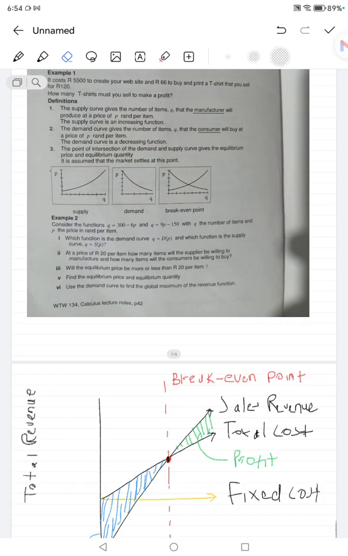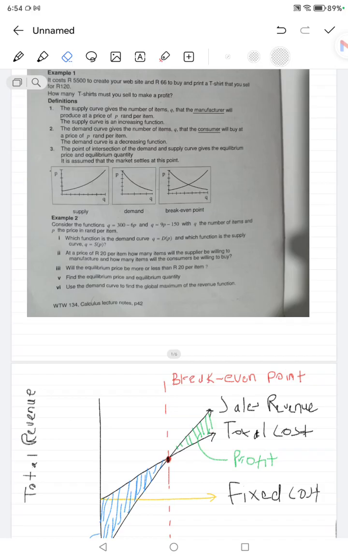Number 1: which function is the demand curve, q equals d of p, and which function is the supply curve, q equals s of p? Then you look: I have q equals 300 minus 6p. So if you check the slope, you have your minus, that's this side.